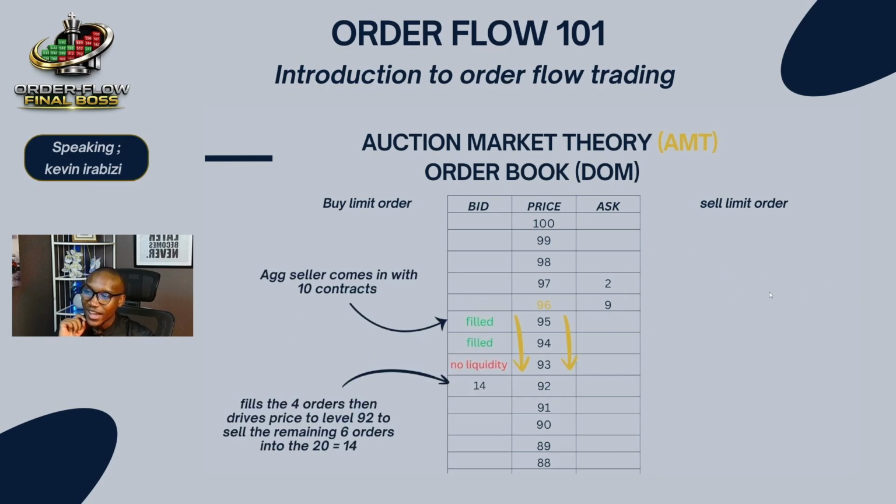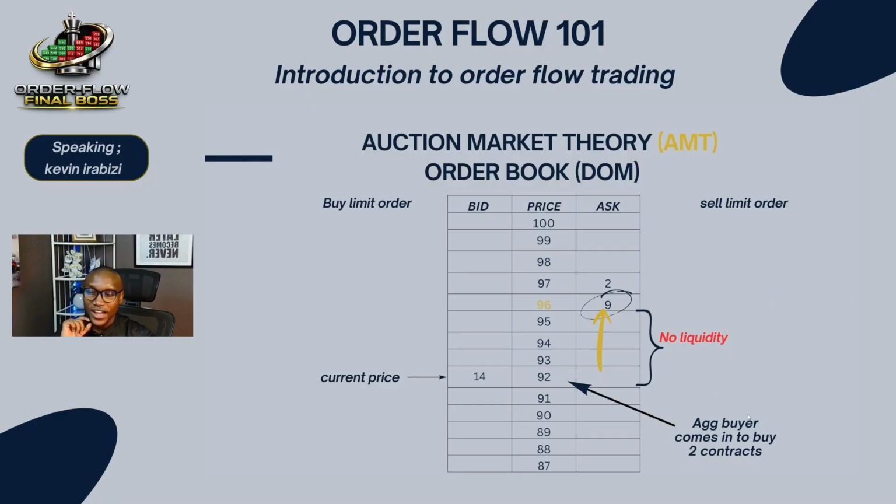So what happens if we have aggressive buyers coming here? From the 2 traders that we still have, one trader had his 4 contracts left unfilled, and the other trader had 5 contracts unfilled. We said market is a first come, first serve basis.